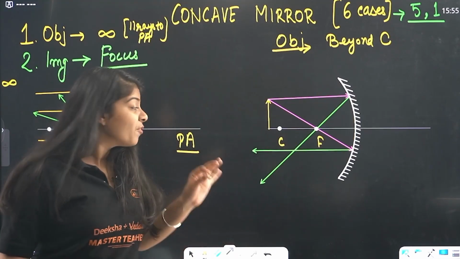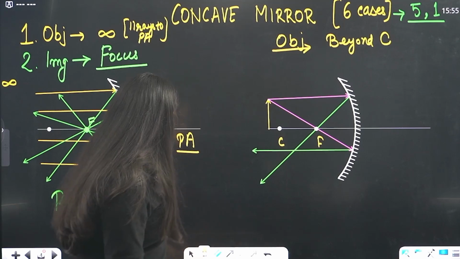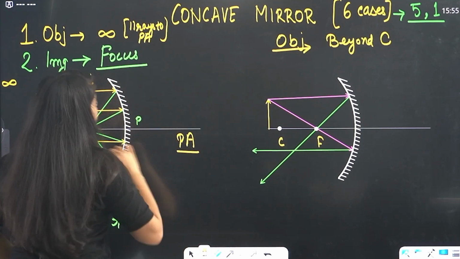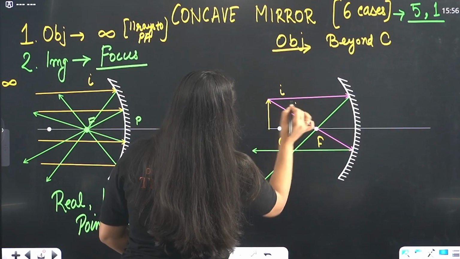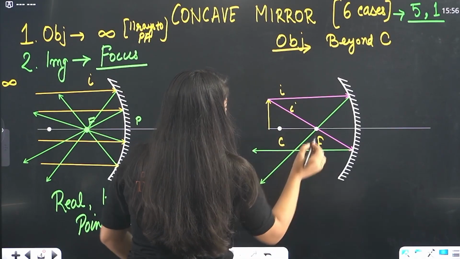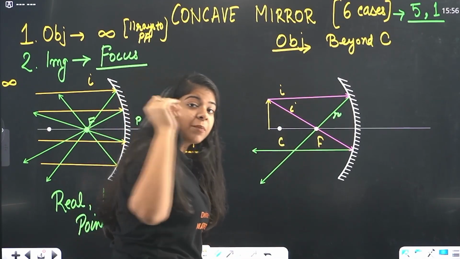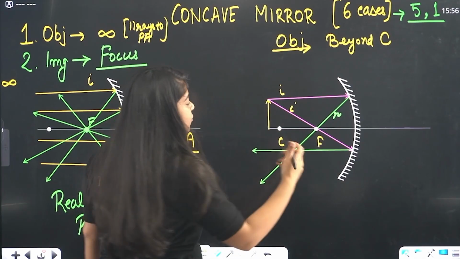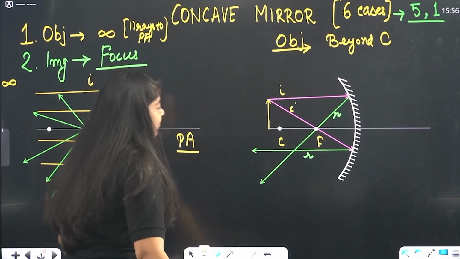Done? Now wherever these two reflected rays are meeting, see, these are incident rays, this is also an incident ray. What is the reflected ray? This green one. After bouncing back from the mirror, the rays will be reflected. This green one is reflected.